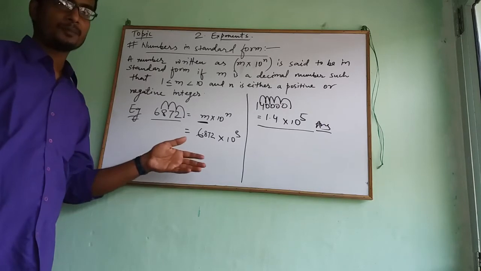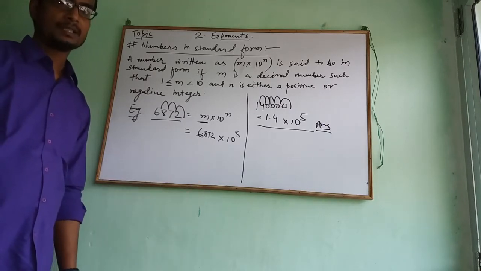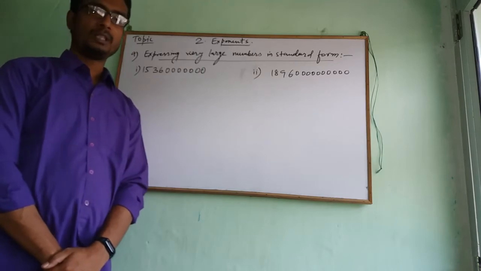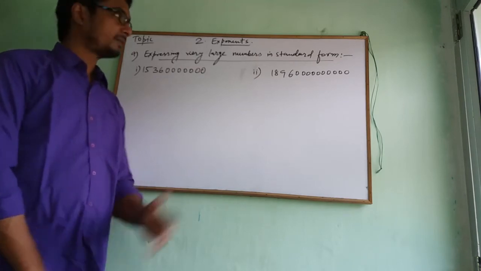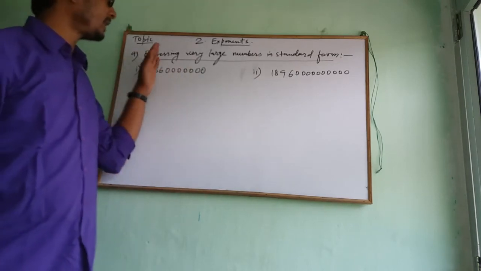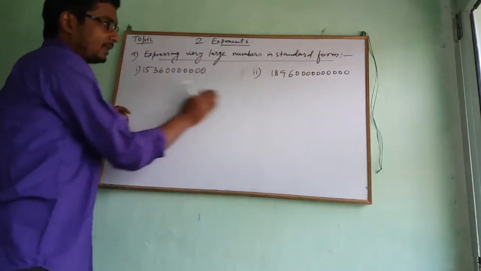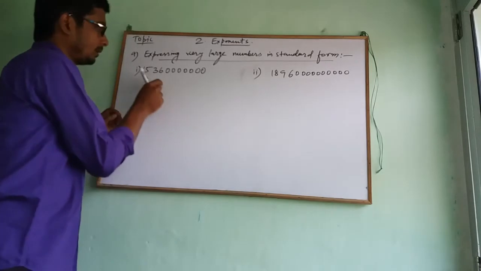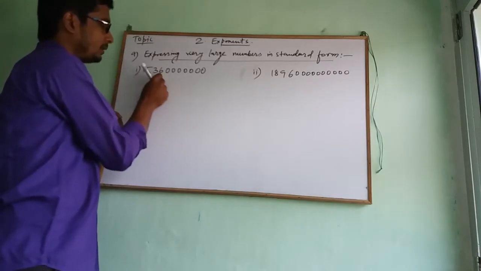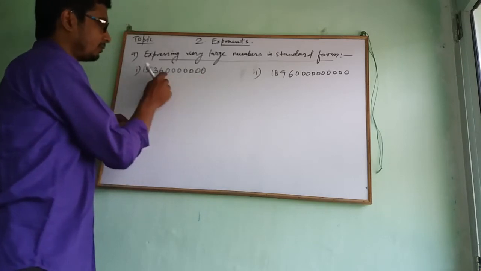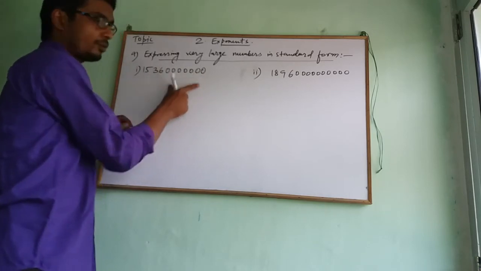Now let's move on to our first subtopic, that is expressing a very large number in standard form. I have taken two examples. This is 153,600,000, I think 1, 2, 3, 4, 5, 6 and 7 zeros are there.